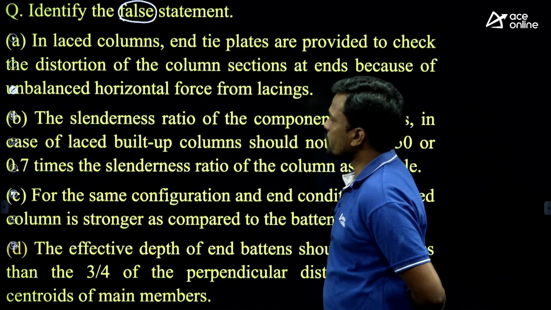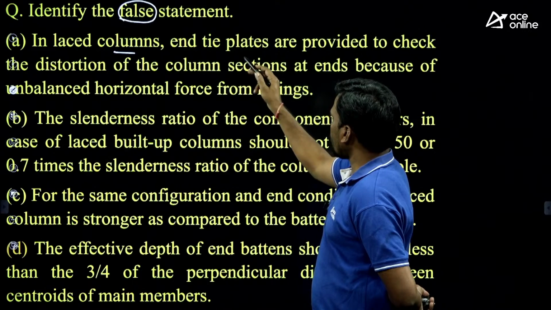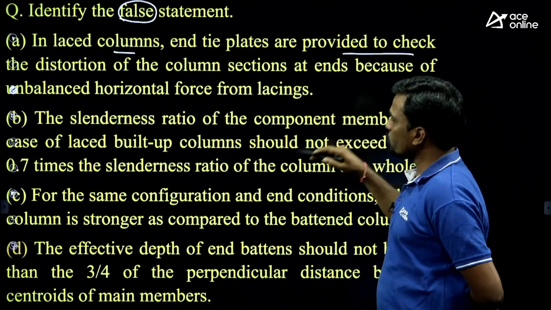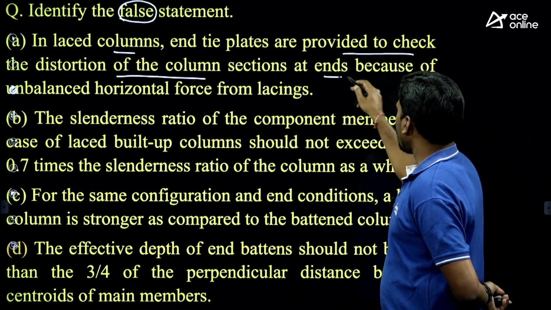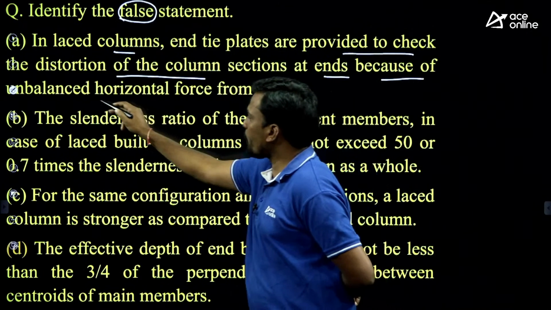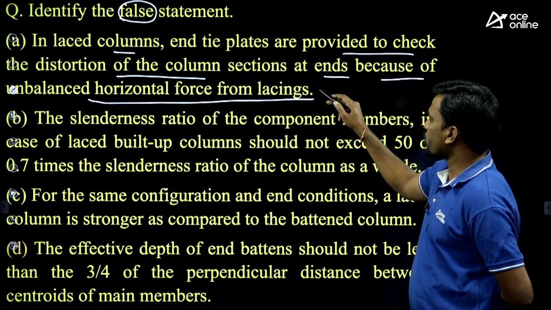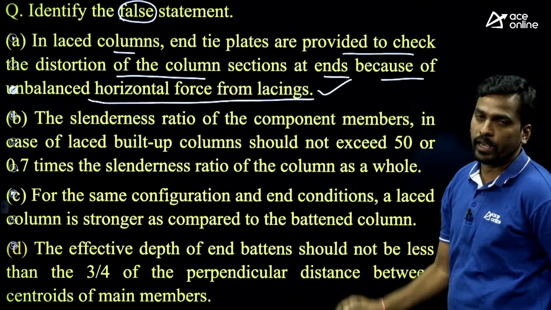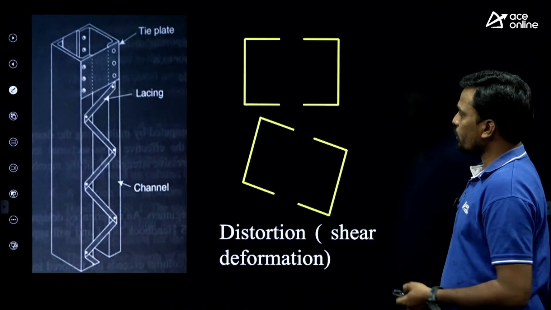First, in laced columns, end tie plates are provided to check the distortion of the column section at the ends because of unbalanced horizontal force from lacing. Yes. So this statement is correct. But he is asking for the false statement, incorrect. So this is correct.